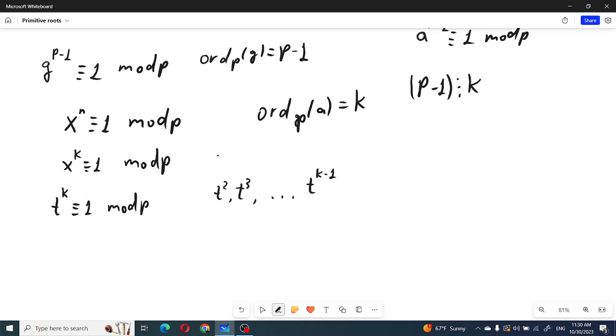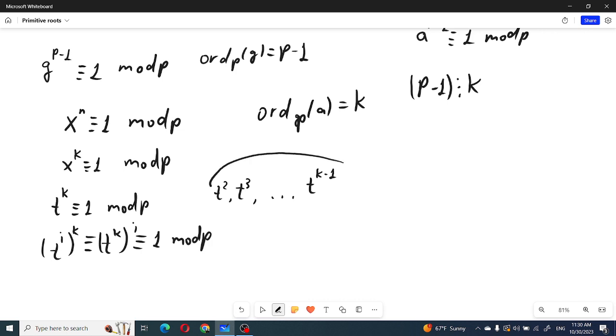Now look at this number t^i. Because we know that t^i to the k equals t^k to the i, this equals 1 mod p. So we have proved that all these numbers will have the same property, that if we take all of these numbers to the k power, they will give us 1.